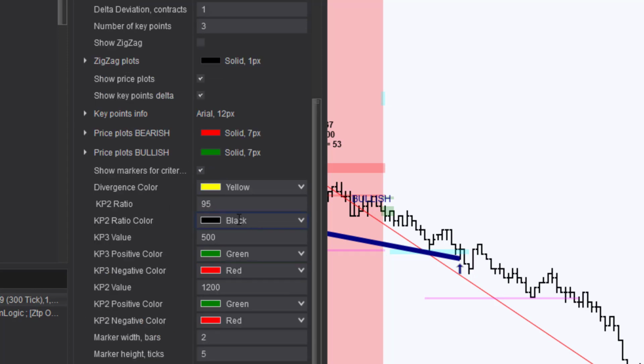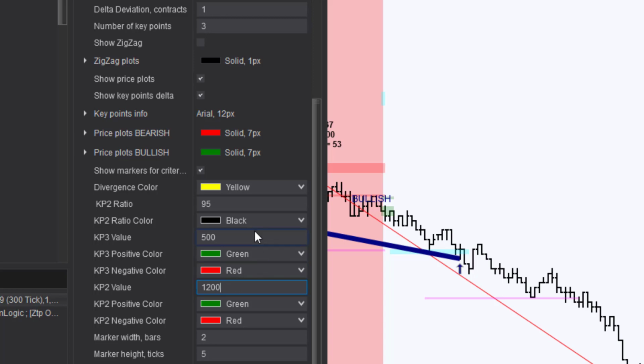Now, this is going to be the important part, because we are going to be setting the KP3 and KP2 values based on what our zigzag is. So if your zigzag is 2 points, I'm going to keep this at 500 and 1200. But if we were to go to a zigzag of 3 points, I might put this up at 750 and move this up to 1800.